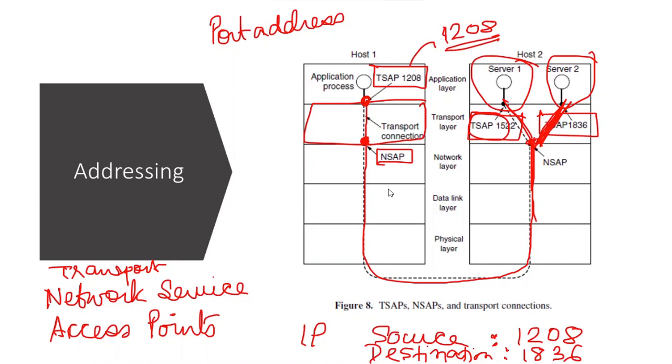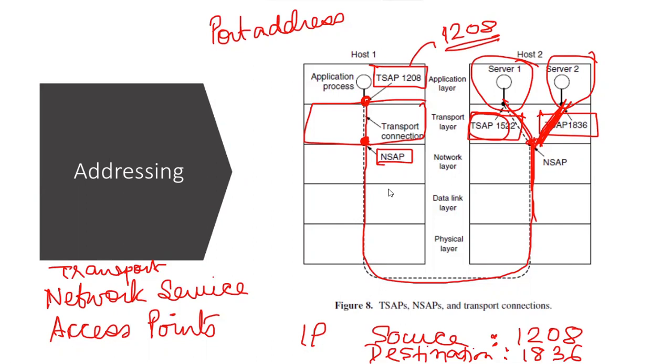If you are using an email server, it will be running at a particular well-known TSAP. Similarly, if you're using the web, say HTTP to send some data, it will be using some well-known TSAP. So these TSAPs are known to everybody.